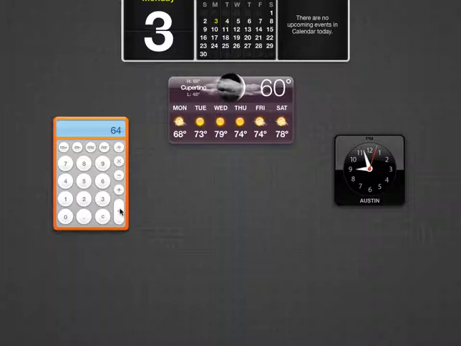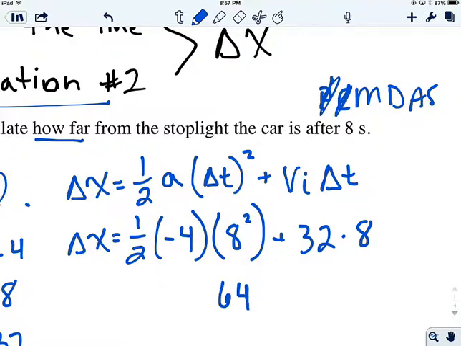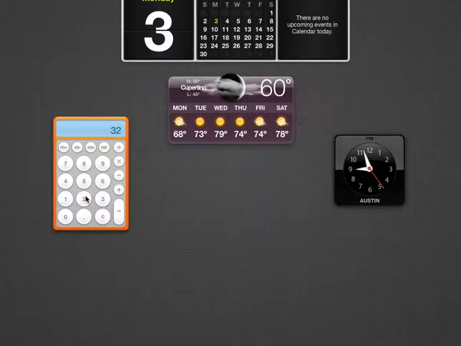That's 64. And then 1/2 times -4 times 64 plus, and then let's do 32 times 8. We'll do 32 times 8 equals 256.